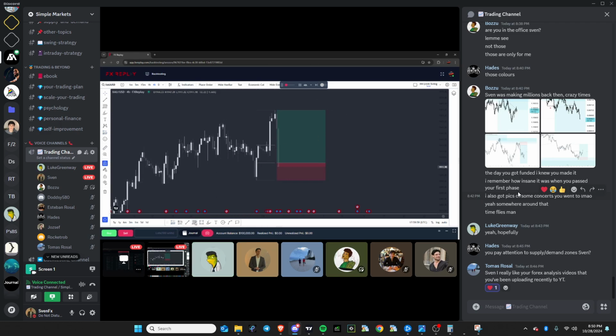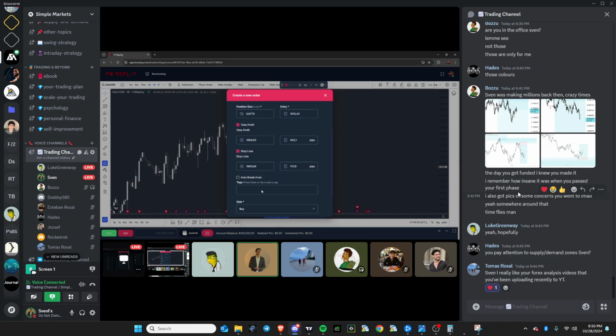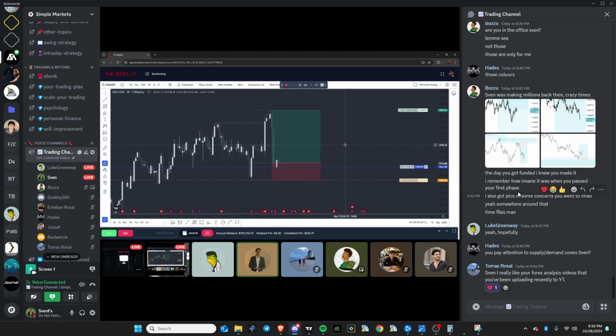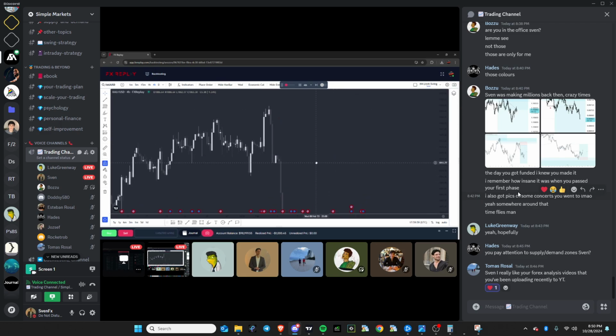The break here. Yeah, I would be careful of that break of structure because it's not really strong. If you see such a weak break of structure followed by such a strong bearish move to the downside, it's often an indication that price might reverse.